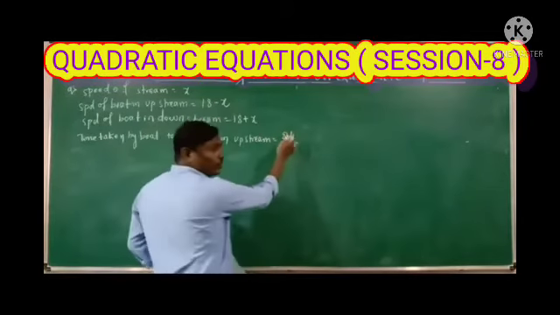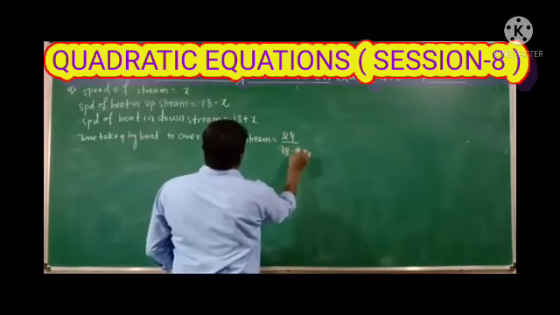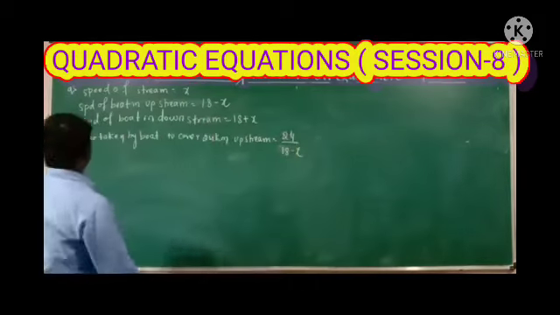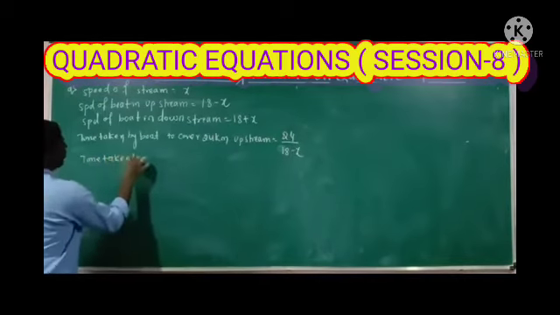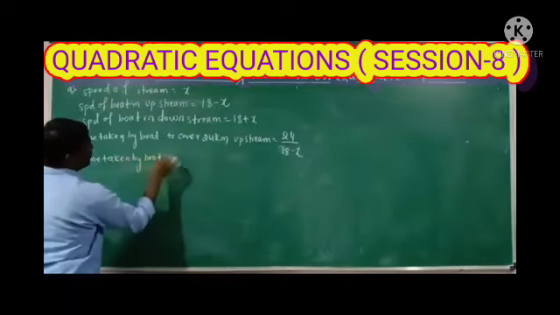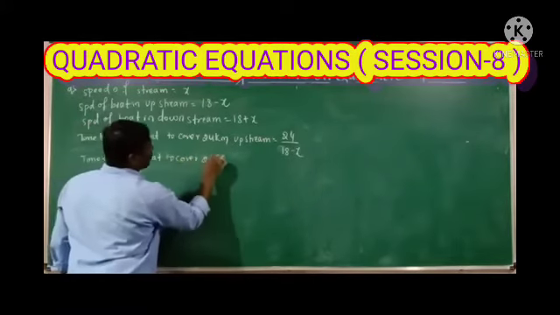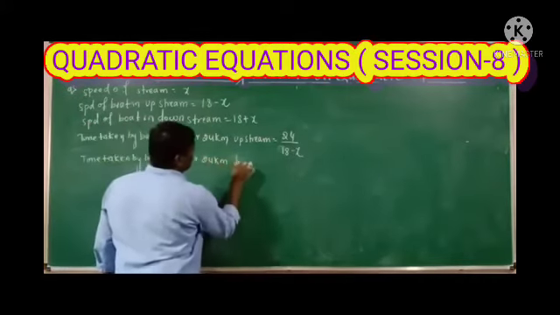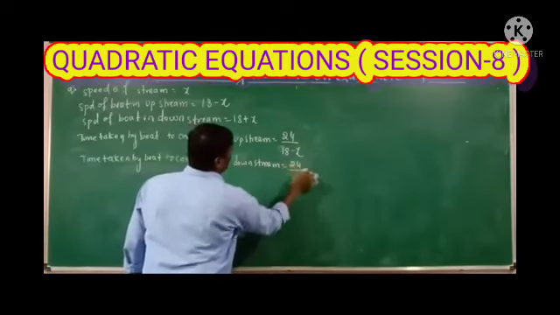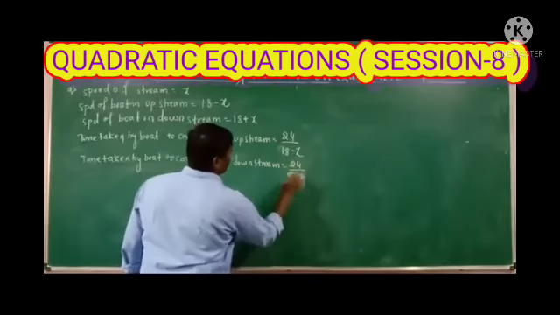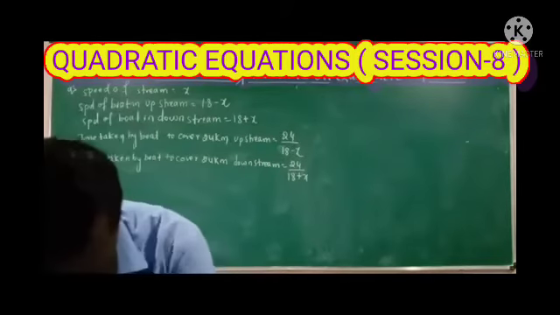So 24 is the distance and the speed is 18 minus x. Similarly, time taken by boat to cover 24 kilometer in downstream, 24 divided by 18 plus x, okay, 18 plus x.